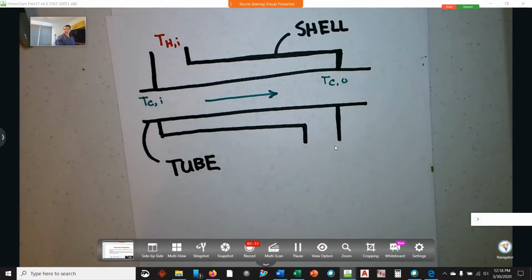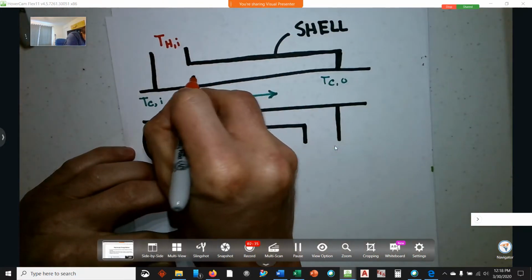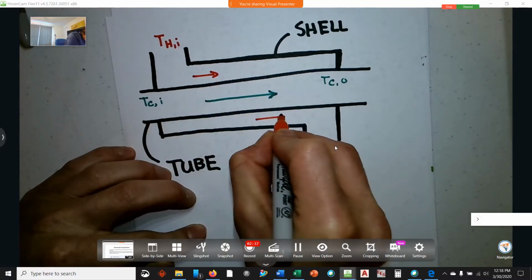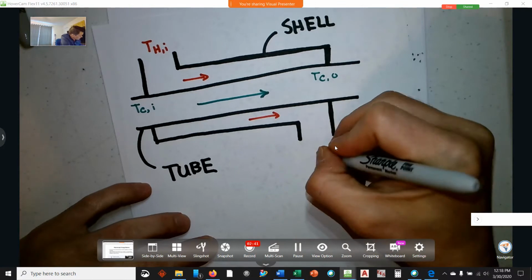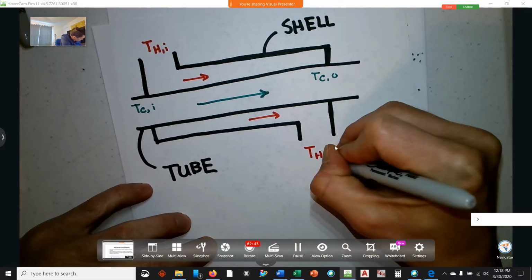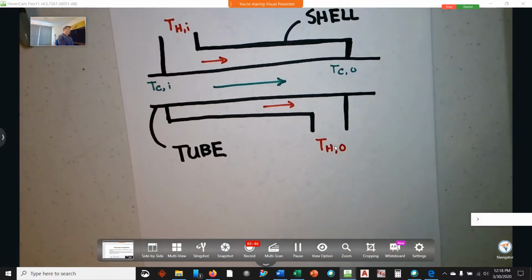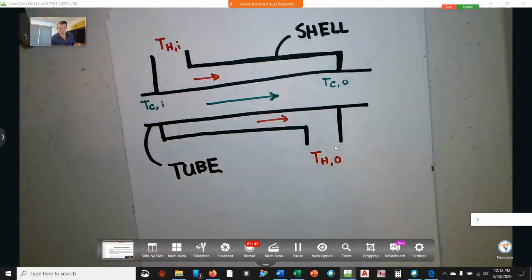So if we inlet the hot fluid here, then the hot fluid will generally be moving parallel to the cold fluid. And we could have the hot outlet temperature is going to be something cooler than the very hot inlet temperature.